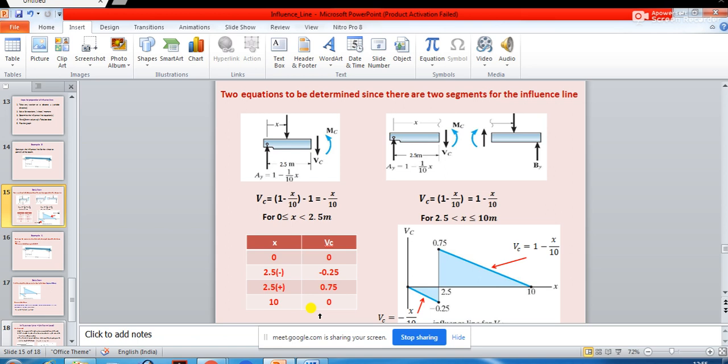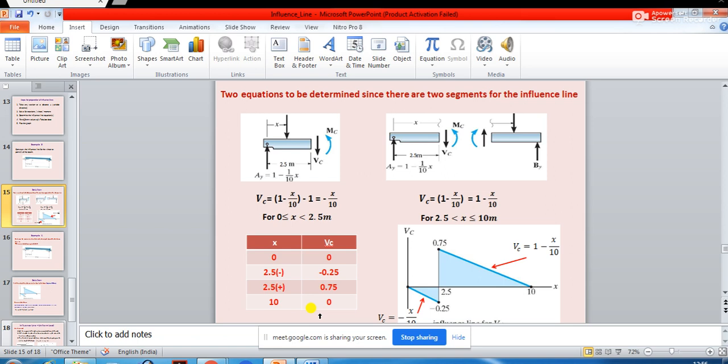Now we have understood through the problems of influence line for reaction and influence line for moment that if you do step by step calculation for every point of the load, you are making your life tougher, because for every point you will have to do some mathematical calculation. Instead of that, we said we will go with some kind of equation for influence line, right?